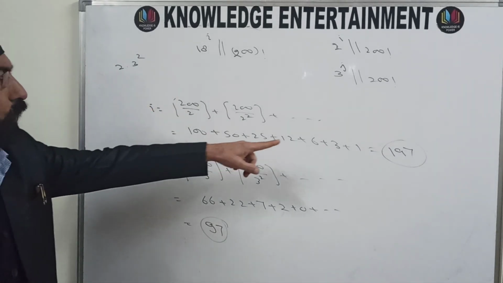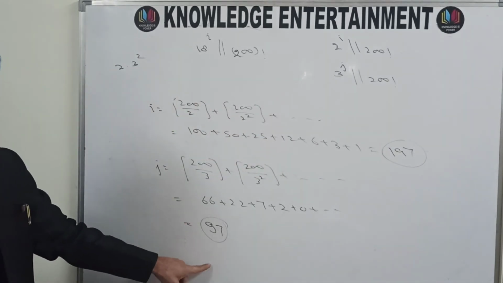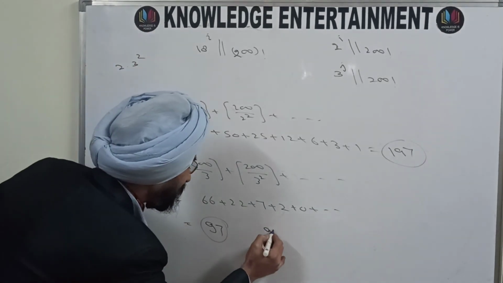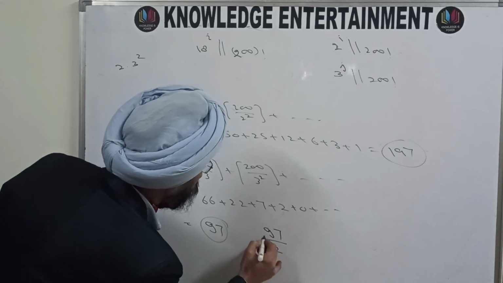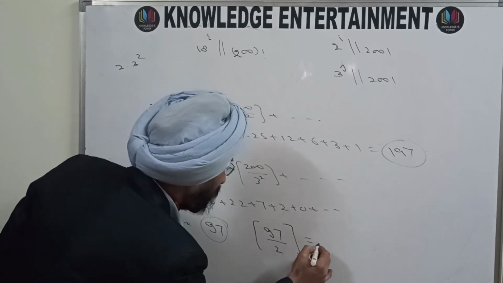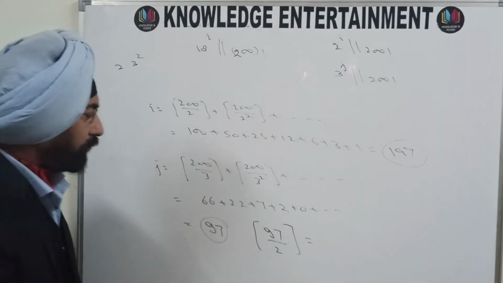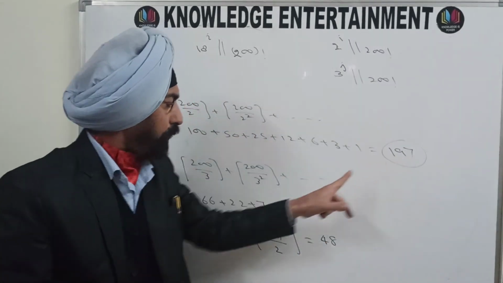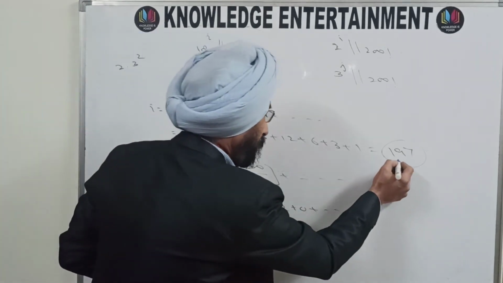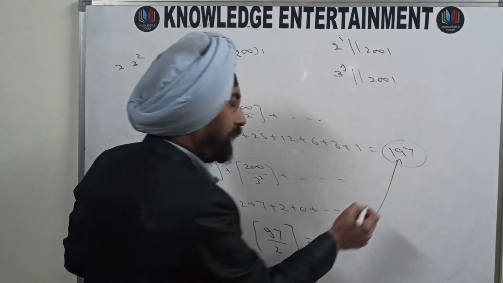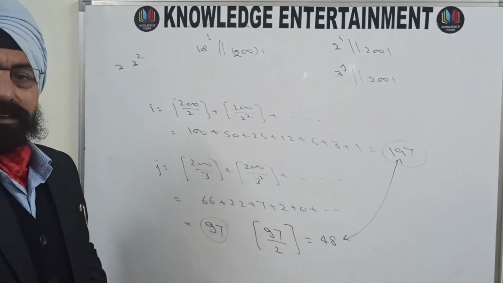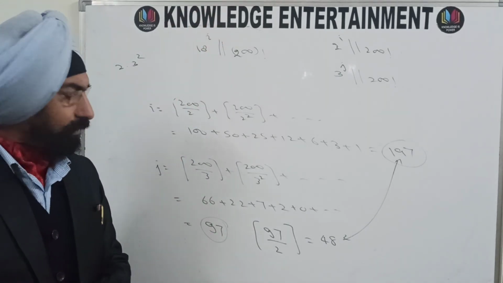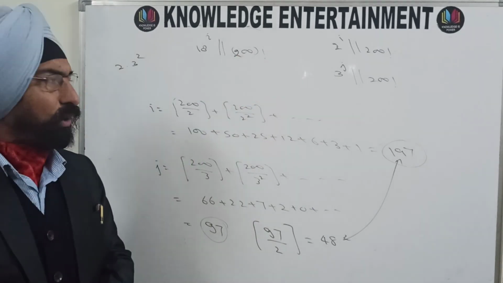For 2 you have 197, for 3 you have 97, and for 3 square, take 97 upon 2 greatest integer once again. And now it comes 48. Now take the minimum of these two, and the minimum is 48. So that means 18 raised to the power 48 max divides this 200 factorial.